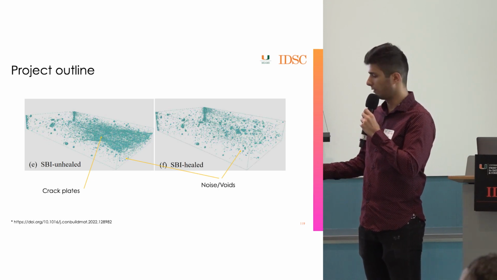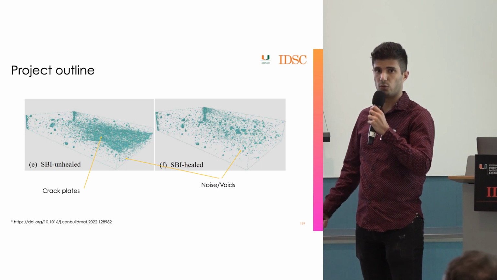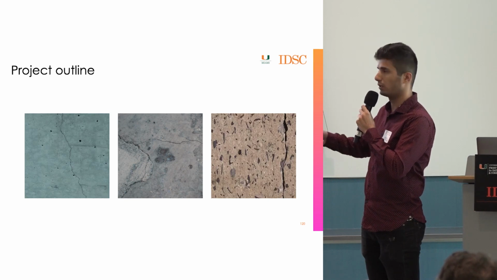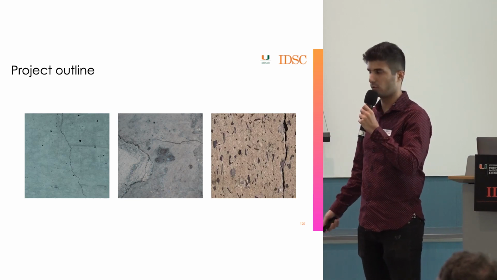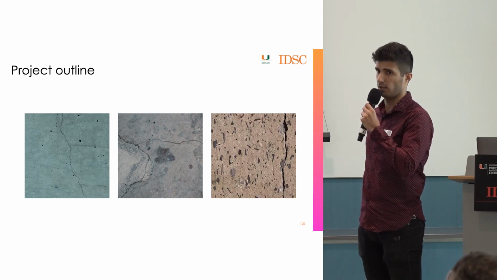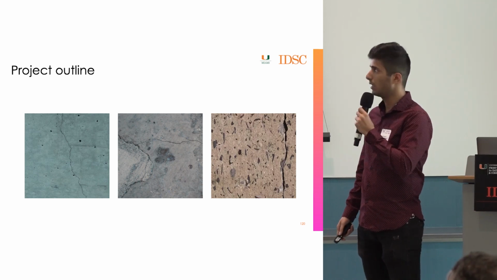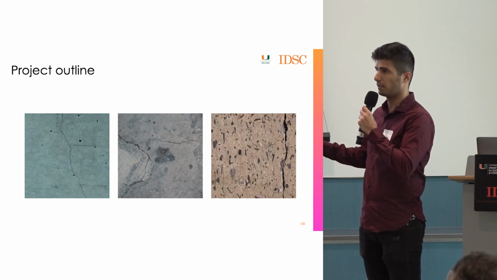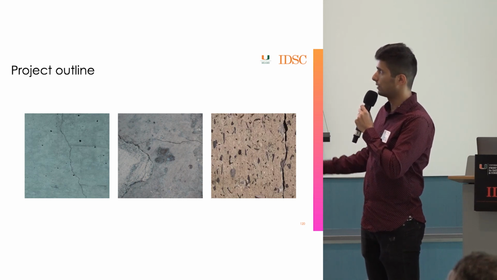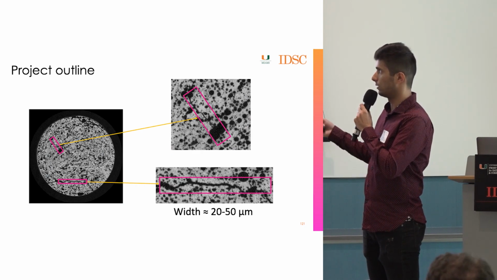For example, you can do thresholding, you can do seeding and growing, and there are different type of stuff. People usually, for example, look at the aspect ratio or volume and so on. But those mostly work on samples and cracks like this, where you have a very clean background and you can easily identify. Whereas the samples that I come across are like this.